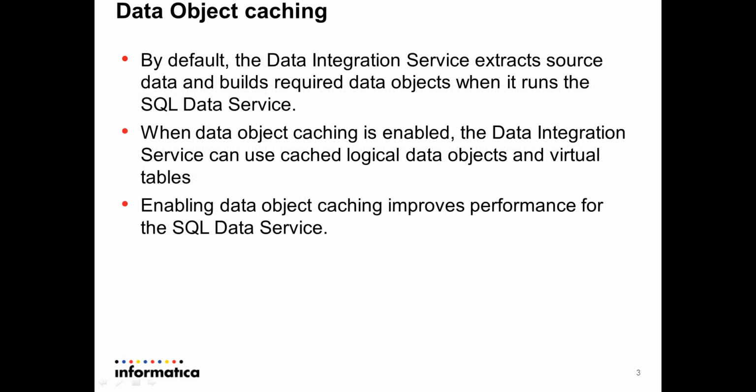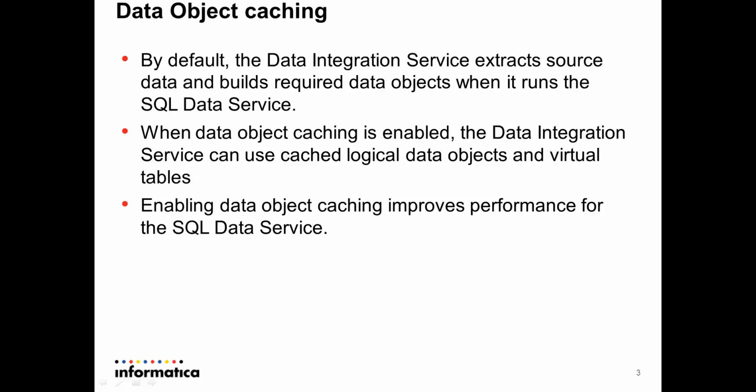When a query is executed against the SQL Data Service, by default, the Data Integration Service extracts the source data from the underlying physical tables and builds the required data objects. And this could be time consuming, thus causing performance impact.